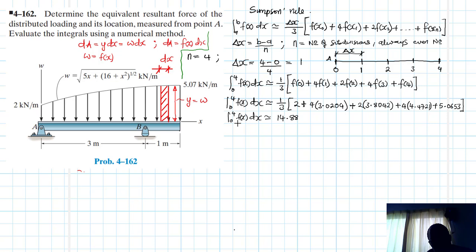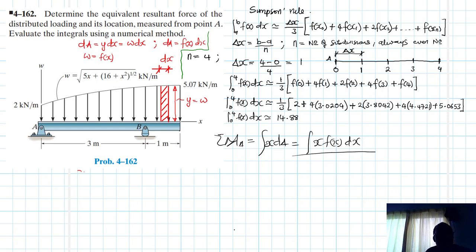And then the other case, if you look at this, this is equivalent to delta, integral dA, okay, which is just equal to integral of the function dx. So now we need to find the other part, which is the moment, and we know the moment, summation of moment about point A is just integral of the lever arm times dA, which is just equal to integral x f of x dx, okay.